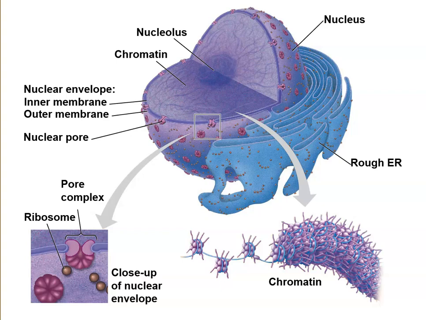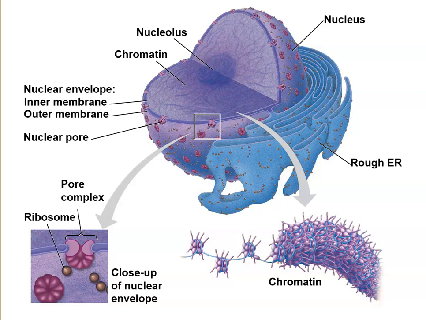On the outer surface of the nucleus is the nuclear envelope. It is a double membrane. It has an inner and an outer membrane. And there are also pores all over the surface of the nucleus.